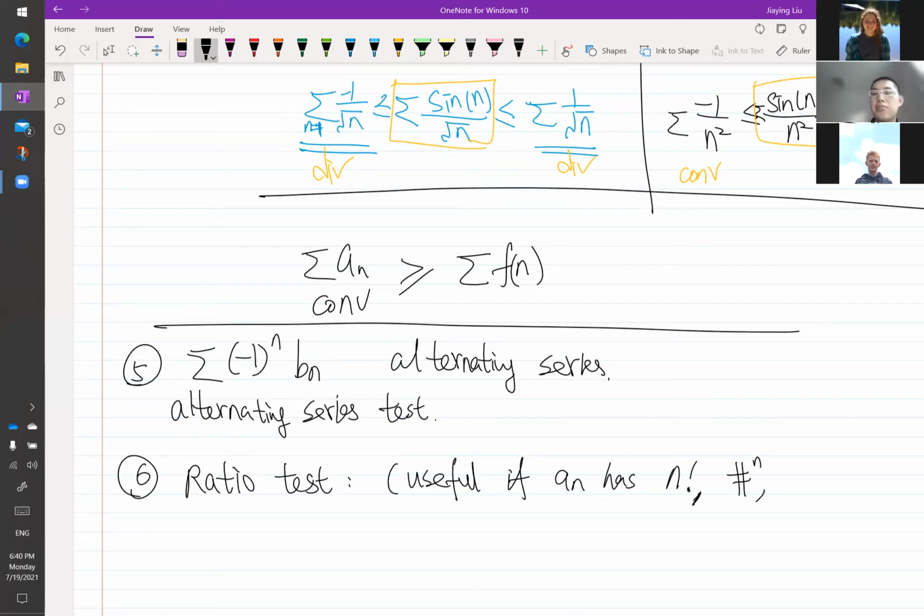But again, other tests might be easier. For example, we saw earlier a series that's 3 times 4/5 to the n. Even though it has a number raised to the n, the geometric series test is a lot quicker than the ratio test.